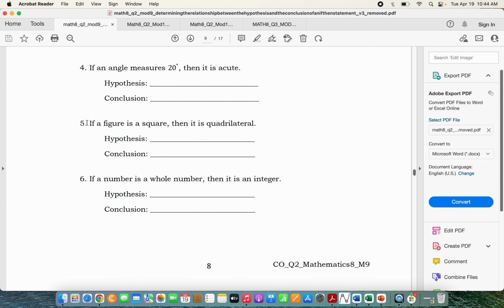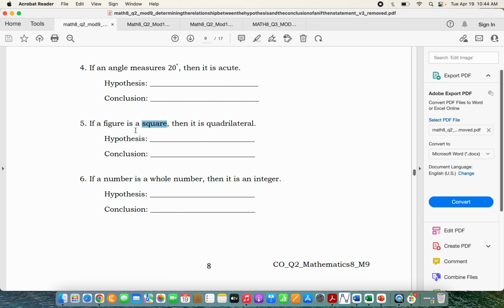Again, binago ko yung statement, di ba? Yung hypothesis natin is, if a figure is a triangle, binago ko yung square. Instead of square, I change it to triangle. So, if a figure is a triangle, then it is a quadrilateral.